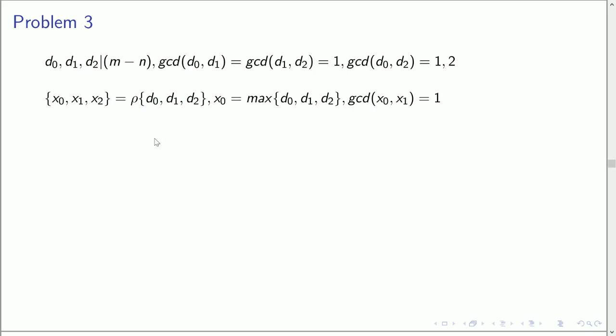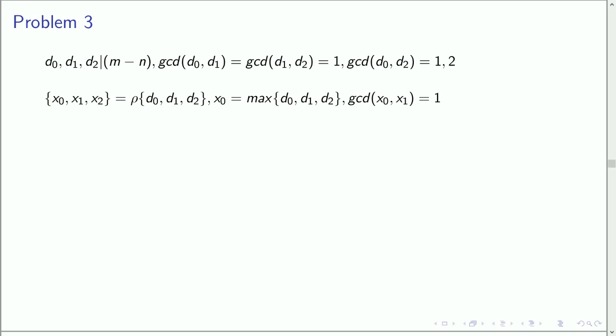What works is, from this set D0, D1, D2, you choose x0 to be the maximal value of these three, D0, D1, D2, and take x1 to be the one which is co-prime with x0.